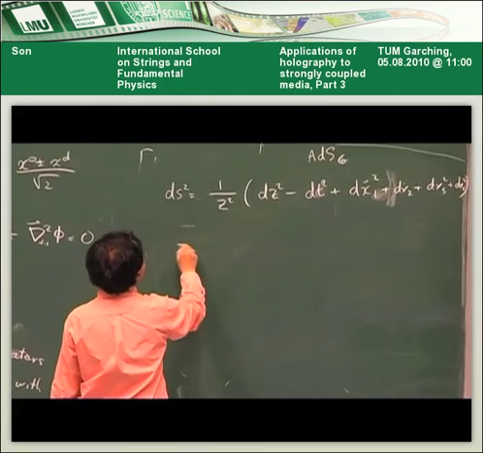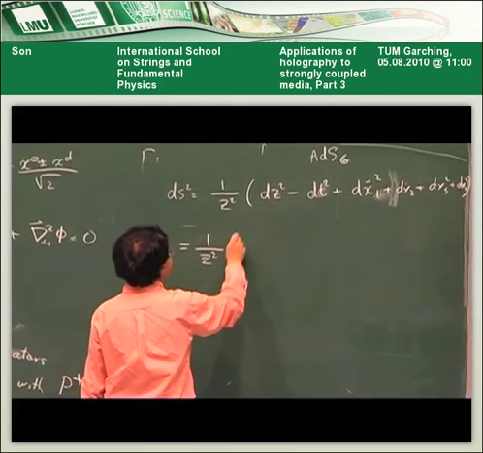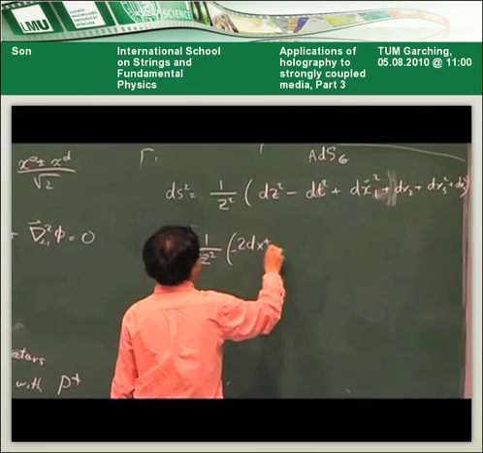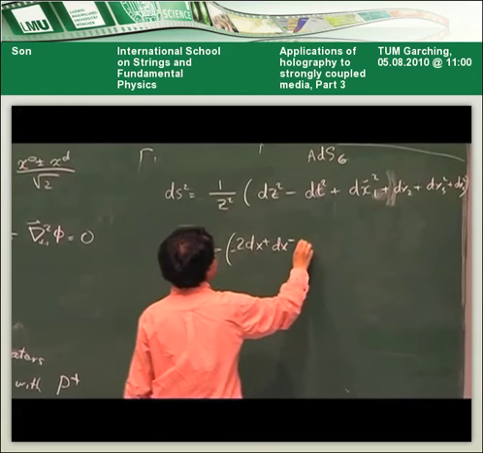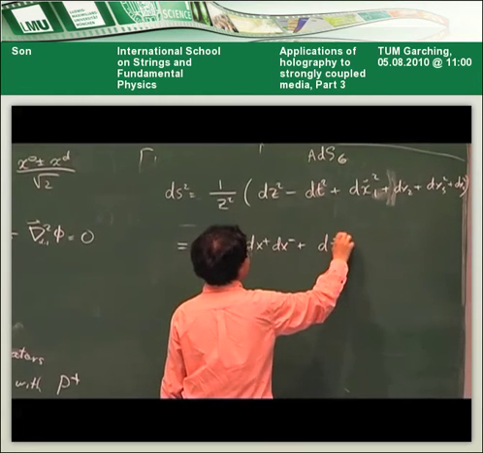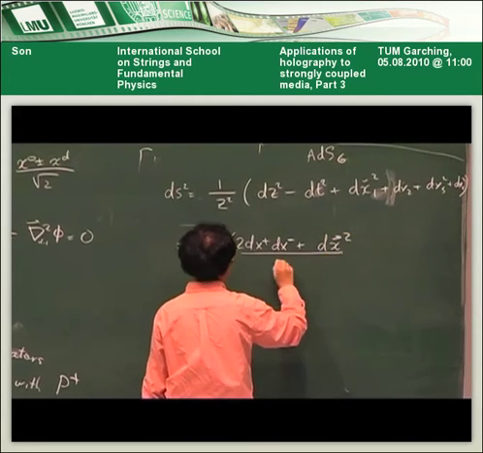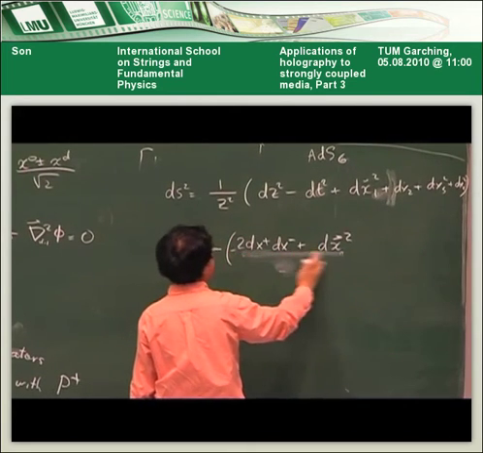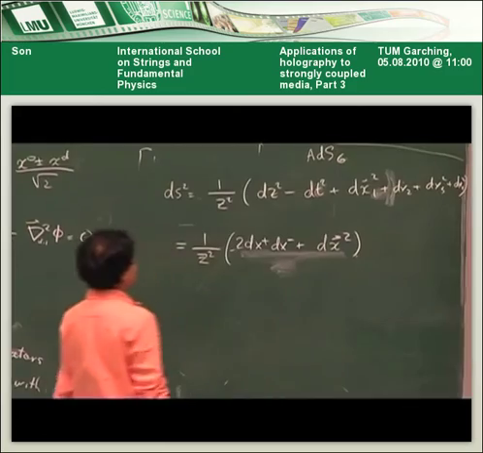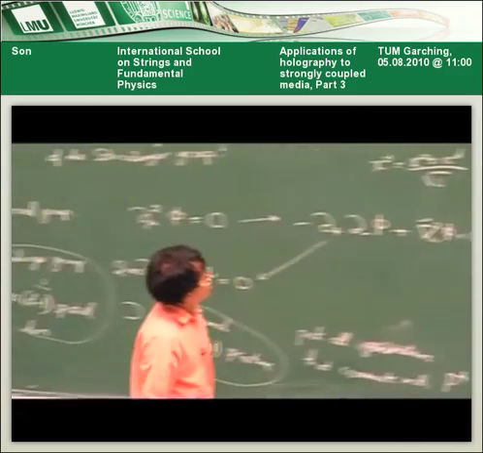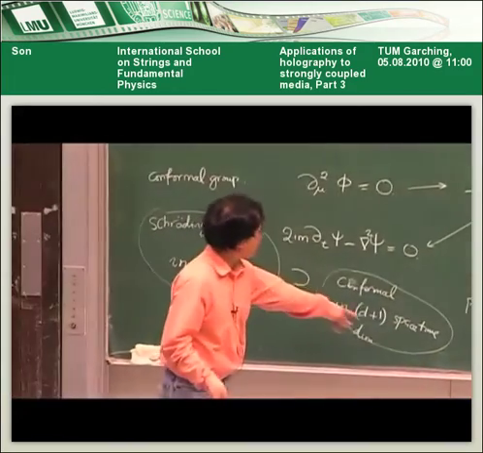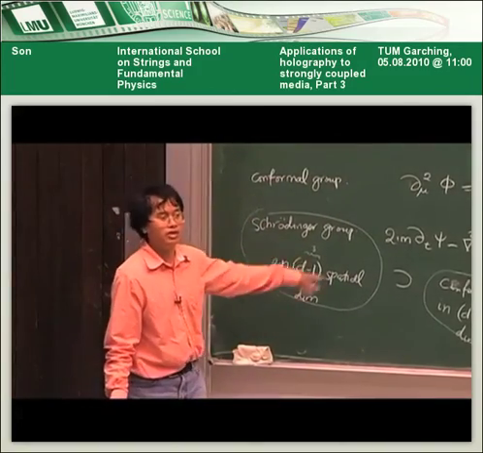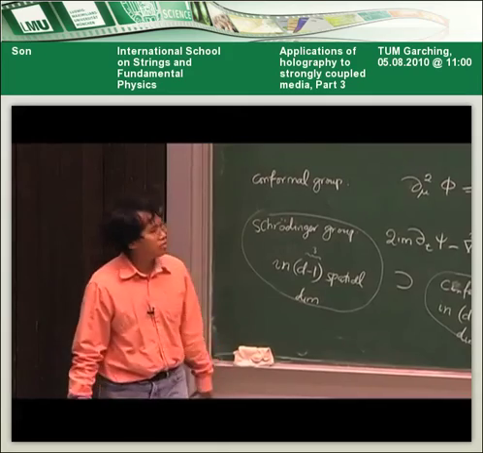Or we can write it in the light cone coordinates like this: dx plus dx minus plus the three-dimensional dx squared. So that's it. Since it is AdS space, it realizes conformal symmetry, and it realizes the Schrödinger symmetry automatically, because this one is a subgroup of the conformal group.